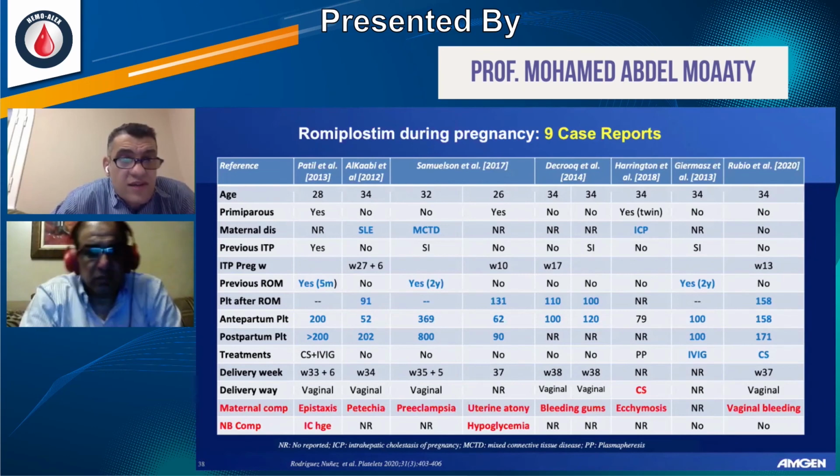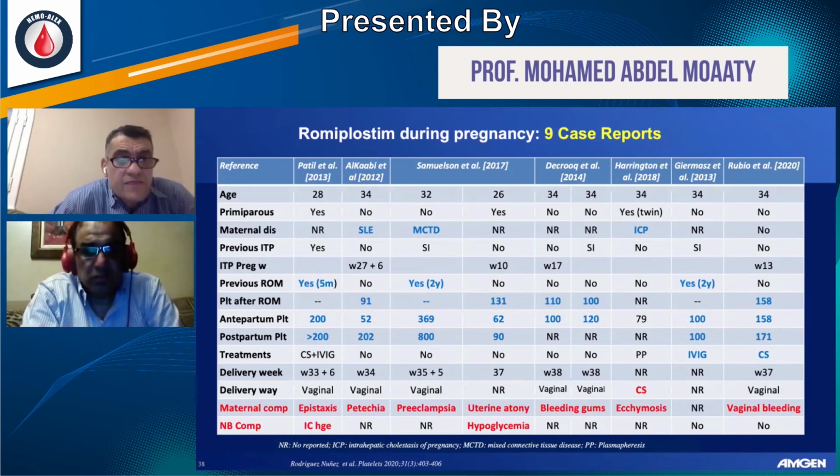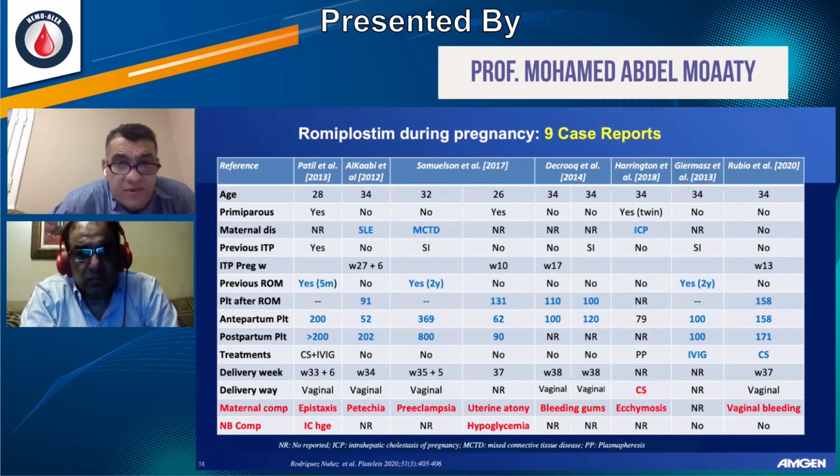Most of them were previously on romiplostim, and the antepartum platelet count was very good in most patients, ranging from 100 to 200,000, and the postpartum platelet count was good, and the delivery was mainly vaginal. In one case, it was cesarean.